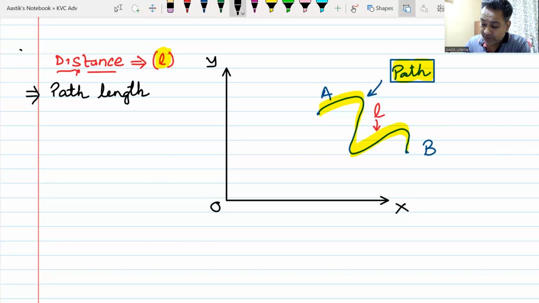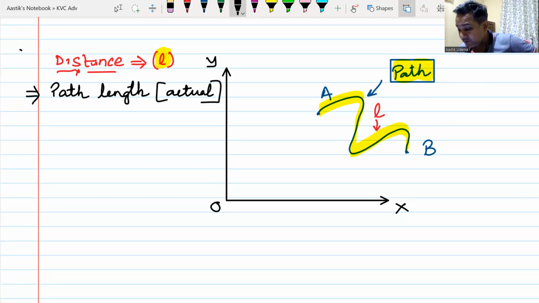It is the length of the actual path followed by the body. Since it is length, we must always know which path it has followed to find the distance of the particle. Distance traveled by the particle is the length of the actual path followed by the particle.